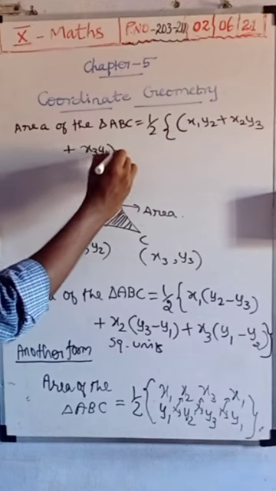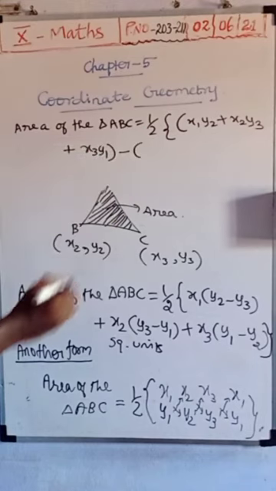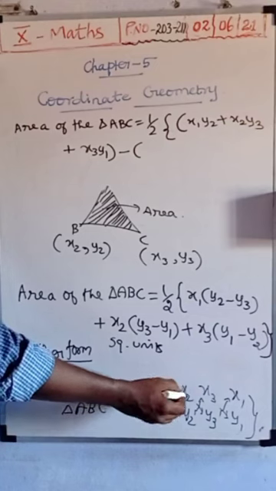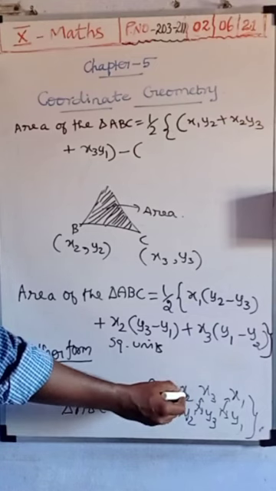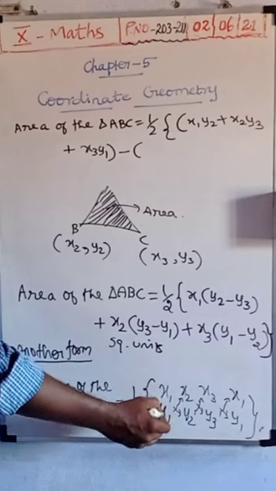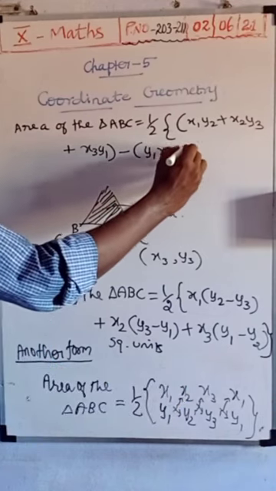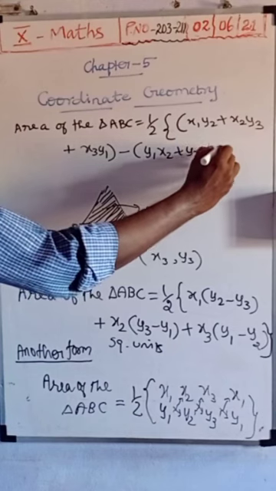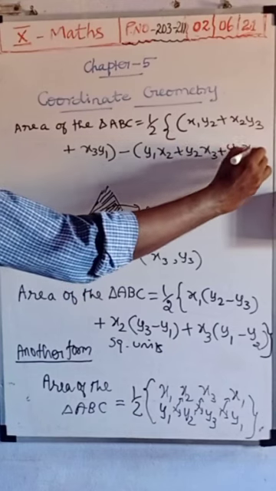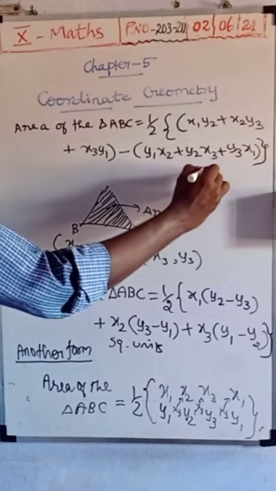So close the bracket, then minus, and again one open bracket, next down to up. So y1 x2, but in your book it is given x2 y1, both are correct. So y1 x2 plus y2 x3 plus y3 x1. Close the bracket, square units.